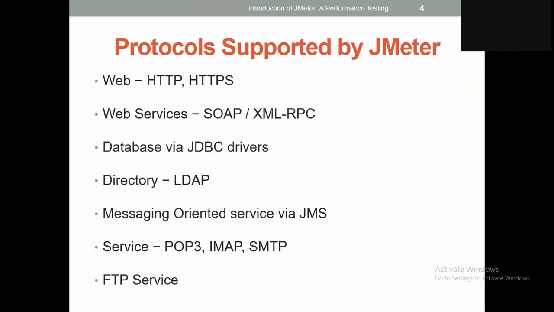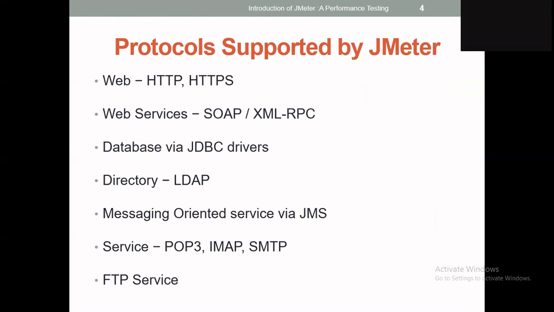Now, what are the protocols related to JMeter? The first is the web protocol, which JMeter supports. In that, HTTP and HTTPS requests are supported by JMeter. Next, web services like SOAP, XML, RPC are supported by JMeter.